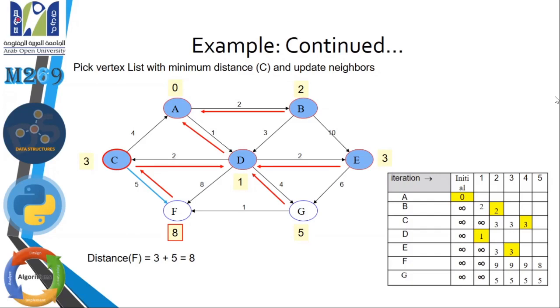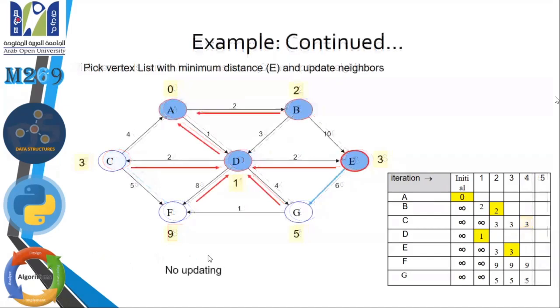When we said, anyone remember? From D. It was from D because it was here. 1 plus 8, 9. It's already done. But now 9 from C, is it shorter?